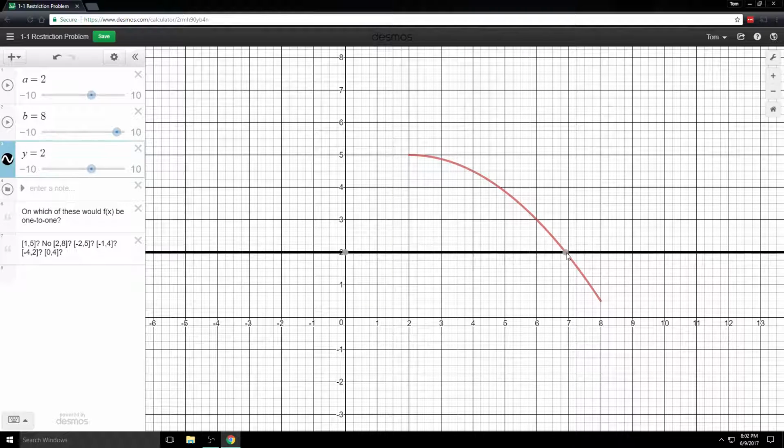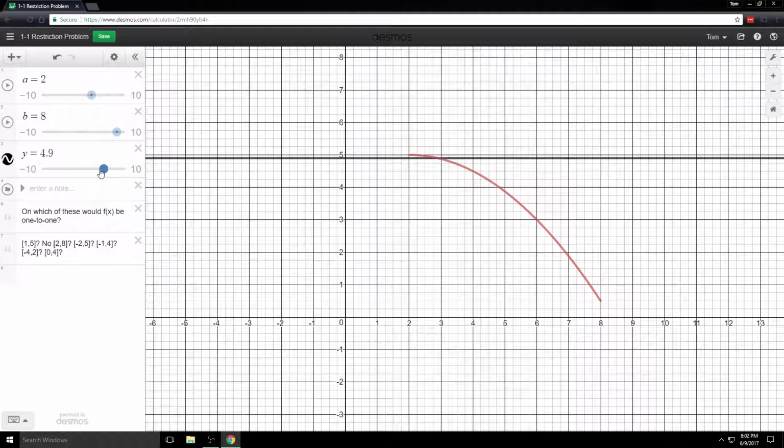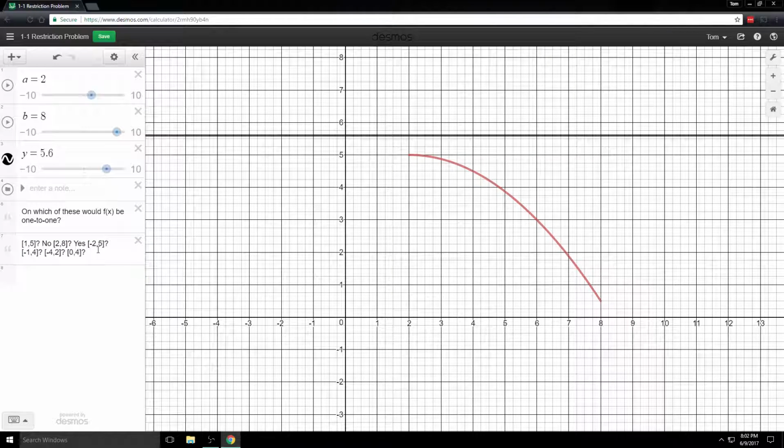The horizontal line is just intersecting the graph in only one spot, and same thing here, and even up here at the top, that's fine. It only intersects right at that point at the top, right there at 2, 5. And so that would mean that yes, on this piece, if I only looked at the original graph on the piece from 2 to 8 on the x-axis, then it would be the graph of a one-to-one function.